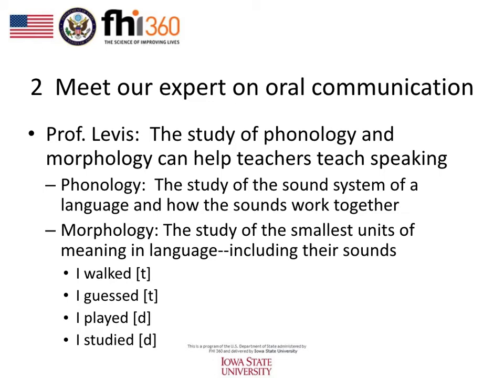The words played and studied, in contrast, end in voiced consonants. So when the voiced consonants are at the end of the verb, the morpheme has the D sound. This is just one example of a very important aspect of English language morphology that is better understood if we can look at the phonology.